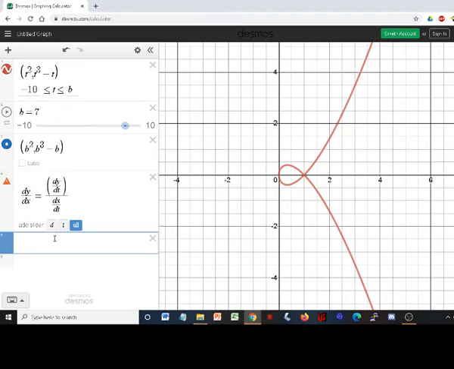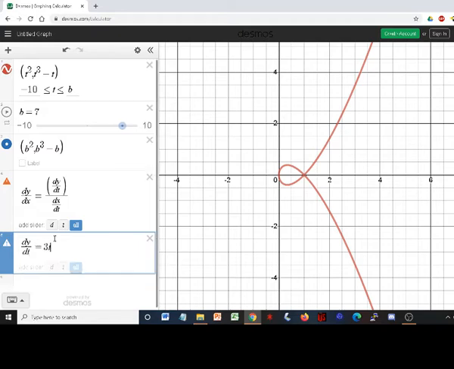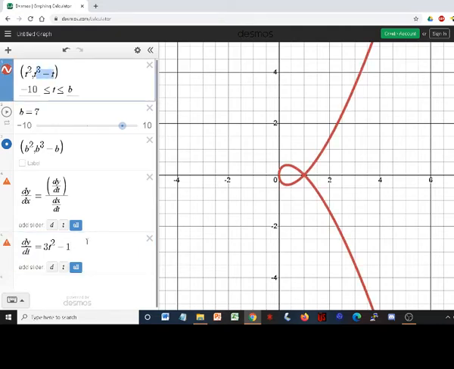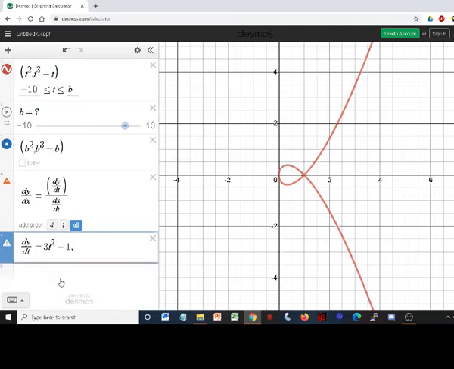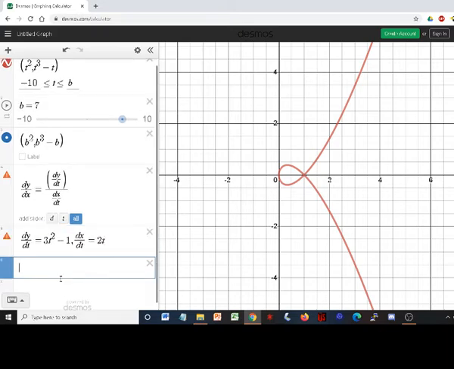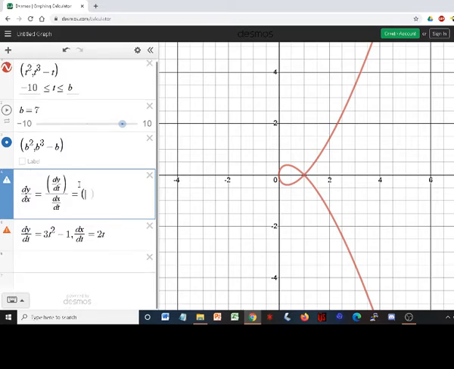So dy dt is going to be 3t squared minus 1, and I'm taking the derivative up here of this y coordinate. And then dx dt, since I'm typing stuff Desmos doesn't like here, we'll do it all in the same line, would be 2t. And then the actual final derivative, dy dx, I'll put it up here, would be 3t squared minus 1 over 2t.